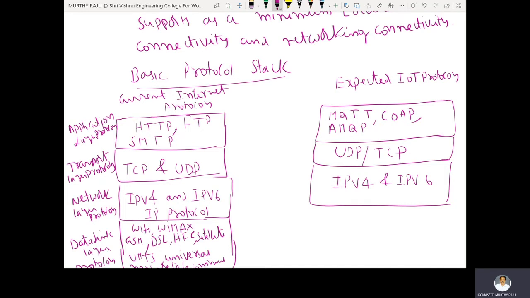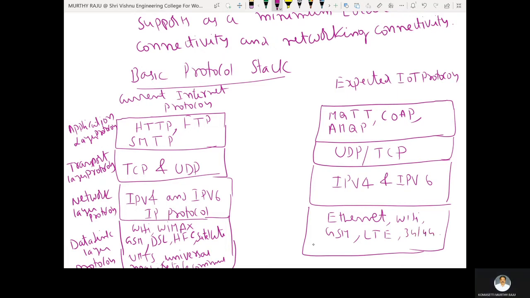In the case of data link layer: Ethernet, Wi-Fi, GSM, Long-Term Evolution LTE, 3G, 4G, Sigfox.